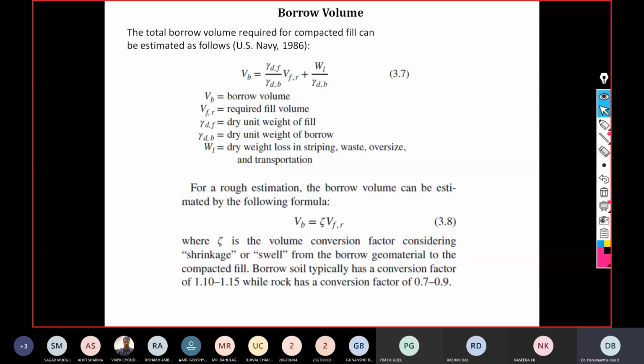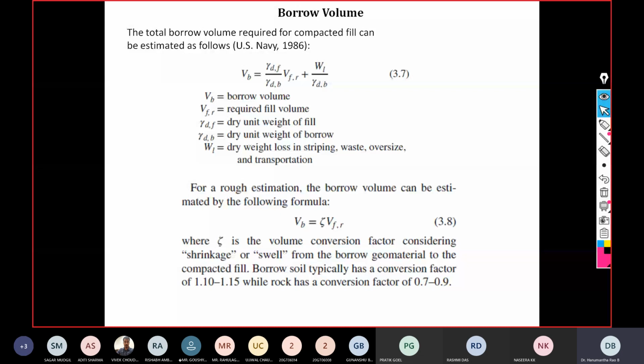While it is practically impossible to achieve the same density as the borrow, then how much volume of the soil shall be transported so that the road can be constructed for 1 kilometer or up to the desired depth? We should determine what should be the volume of the soil that should be excavated from the borrow area.